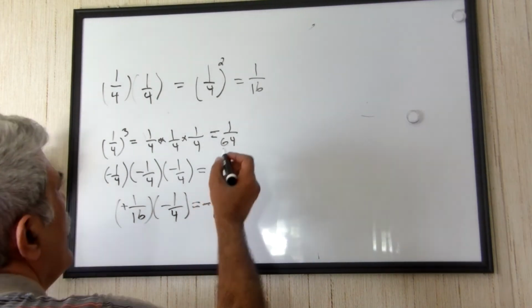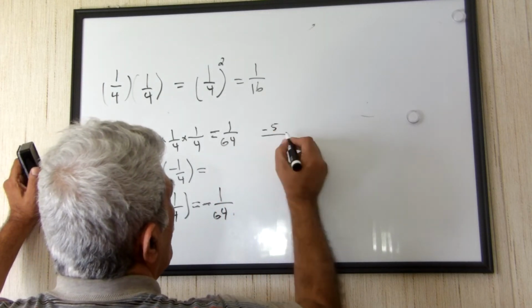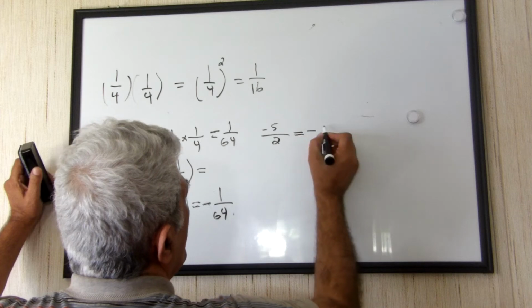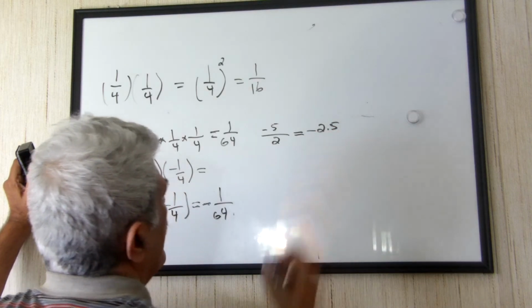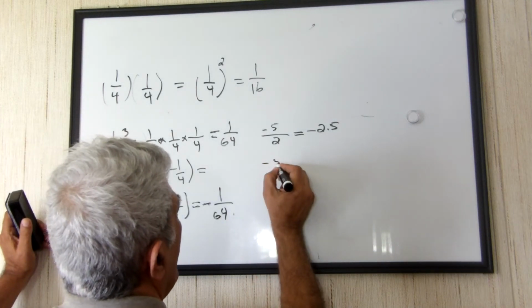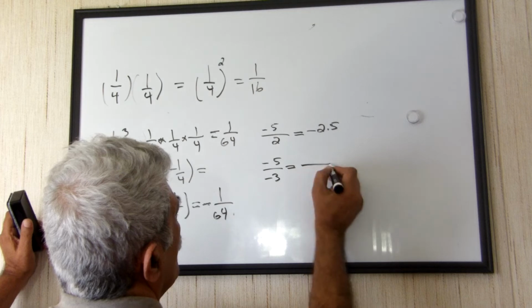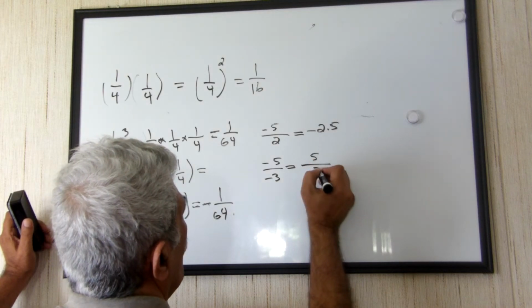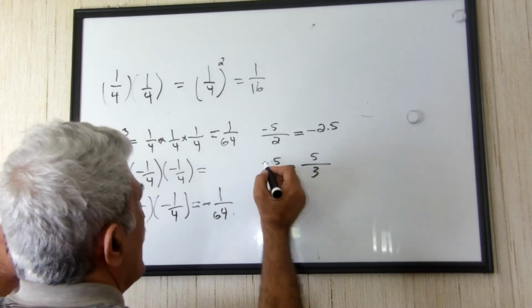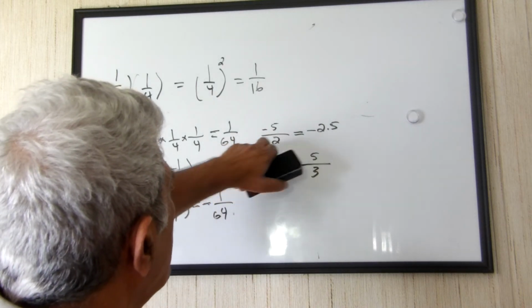The same thing happens in division. If you have minus 5 divided by 2, it's going to be minus 2.5, okay? But if this is minus 5 and this is minus 3, it is equal to 5 over 3. The minus cancels out. But when you divide minus by plus, it's going to be minus.